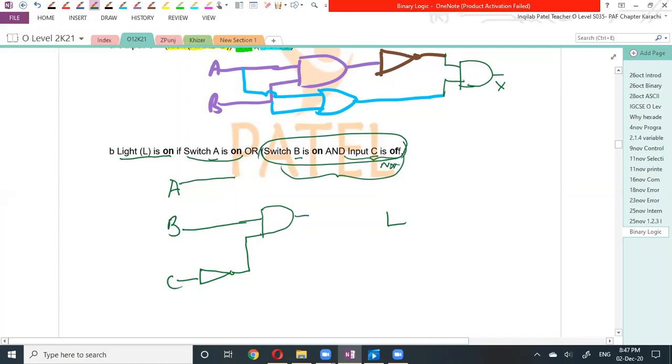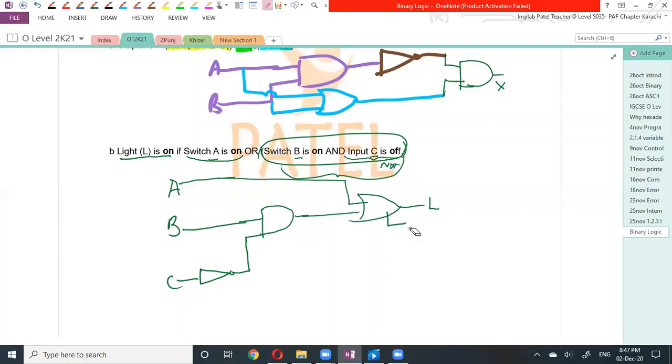This will be B is on and C is off. Now it is OR with A. Check it. Firstly, we have drawn this circuit.